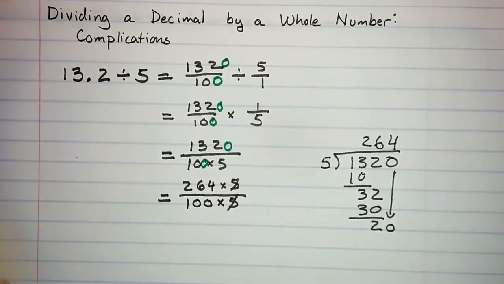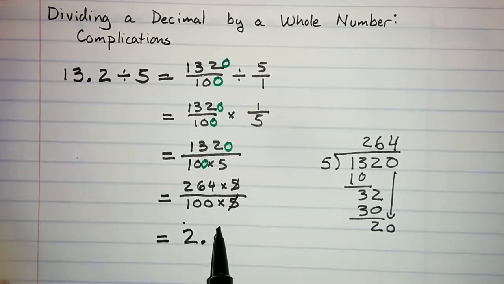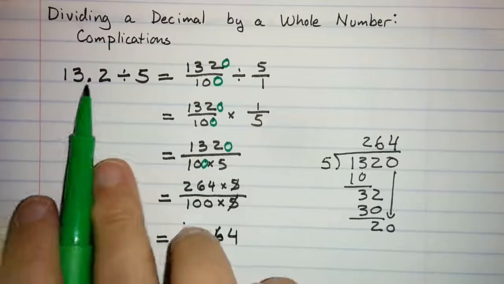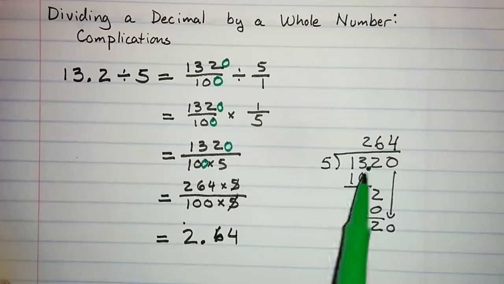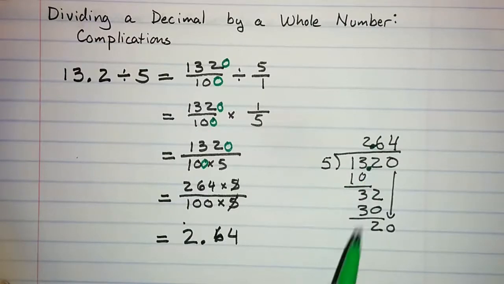The 5's cancel, and I get 264 100ths. That's 2.64. Look at what happens when I write the decimal point in here. The decimal point in my answer is still above the decimal point in my dividend.